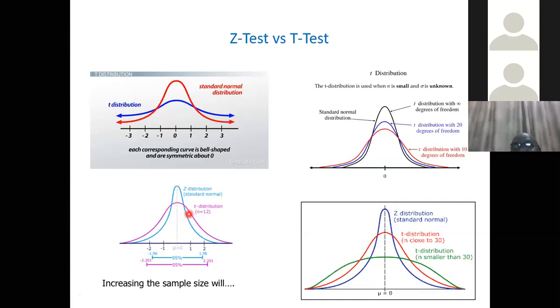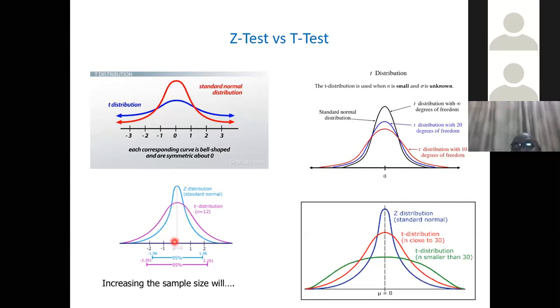So the area between the two constitutes 95%. That's the 95% confidence interval. The remaining 5% is on both sides, 2.5% here and 2.5% on the other side. That is the 5% level of significance usually shown.